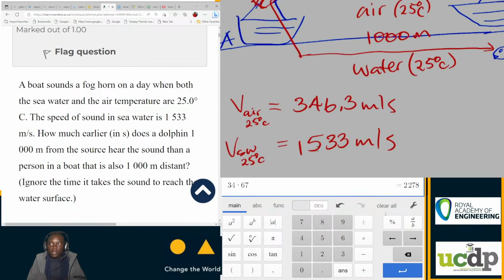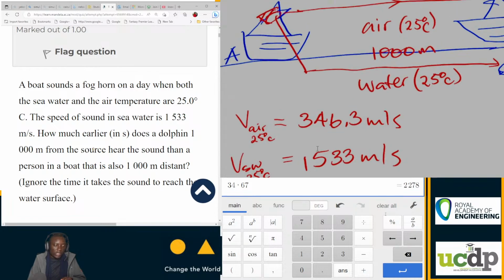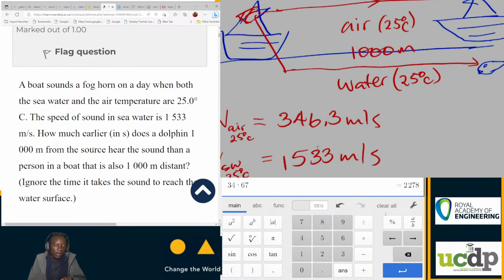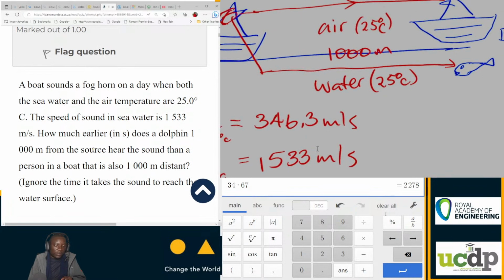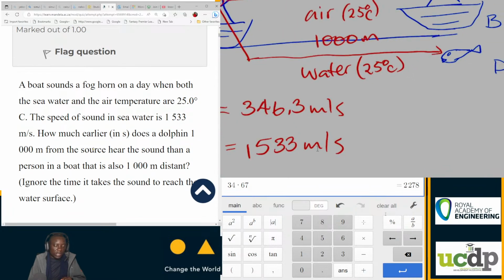So that's the information given in this question, and what we need to find is the difference in time in seconds between the instant when the dolphin hears the sound and the person on the boat also hears the same sound. So what is the time lag between the moment the dolphin hears the sound and the person in boat B hears the sound?